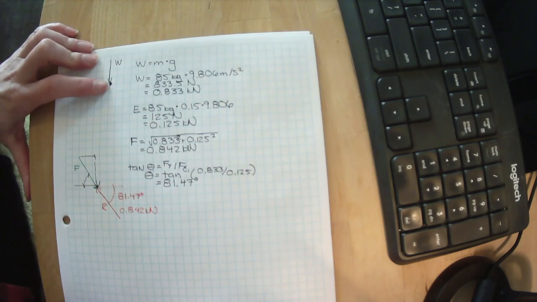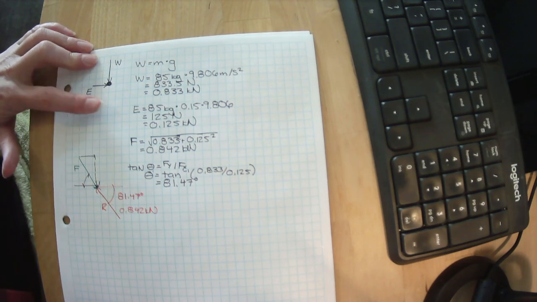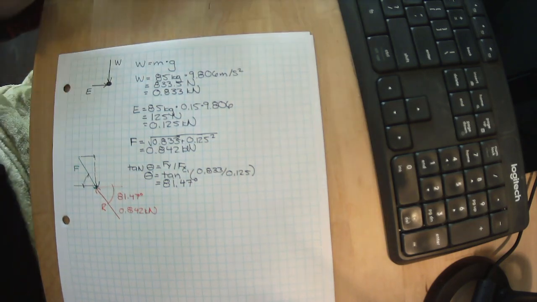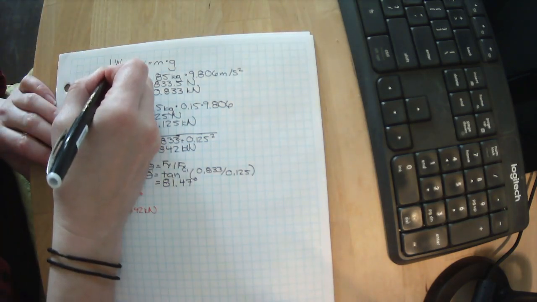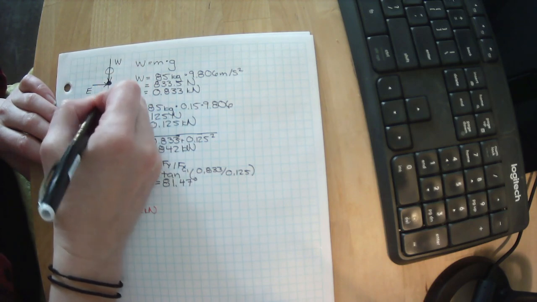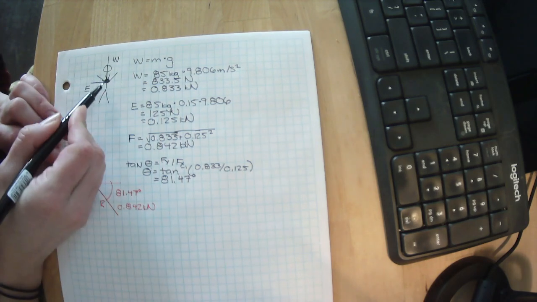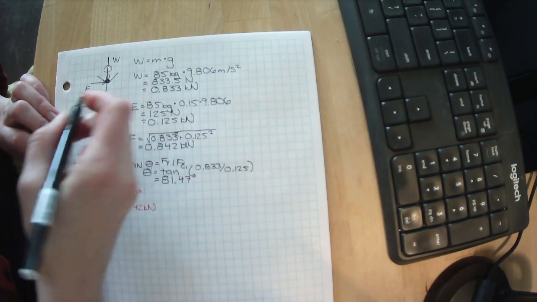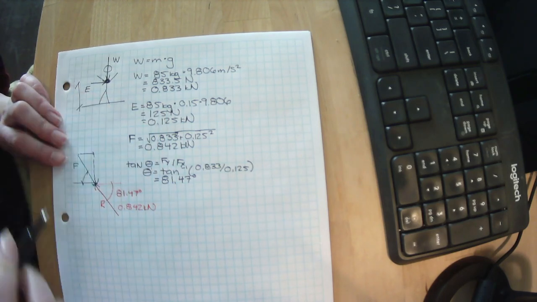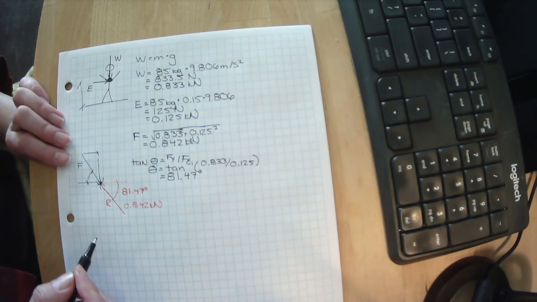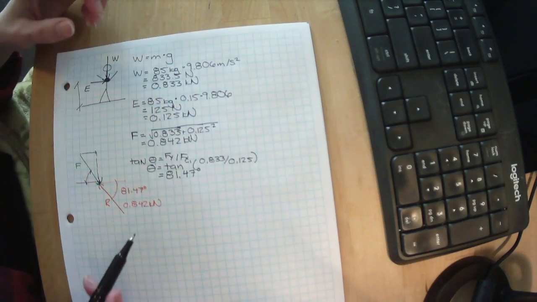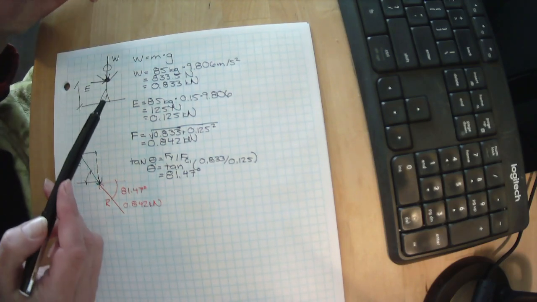Now, if this is a person, where does this actually get applied? Somewhere about here on their body, eh? Our center of gravity, our center of our body, or our center of mass, if you want to think of it that way.